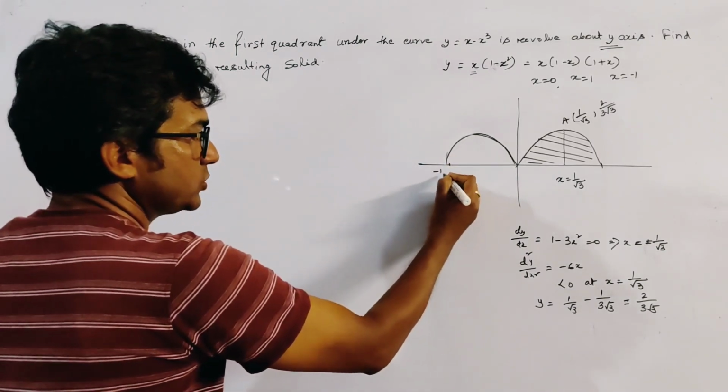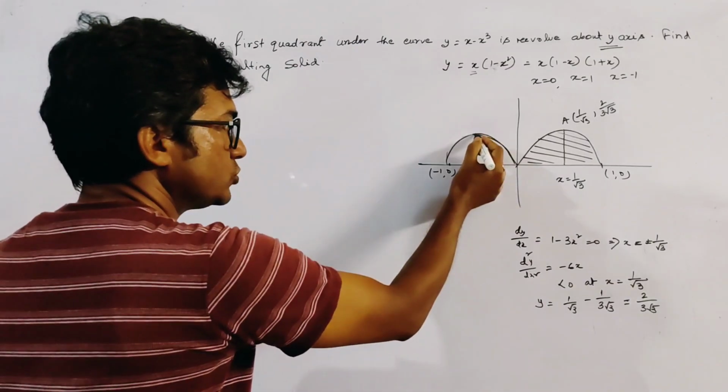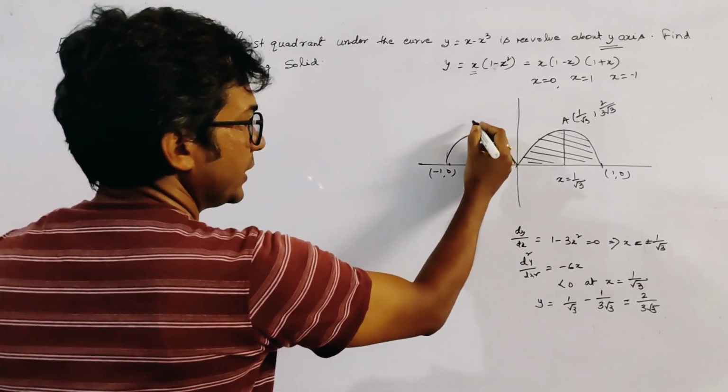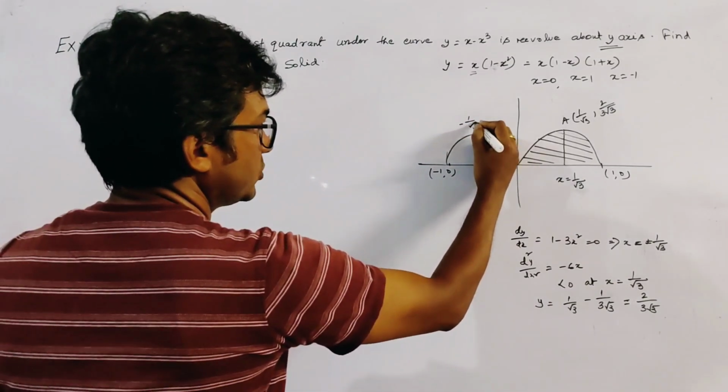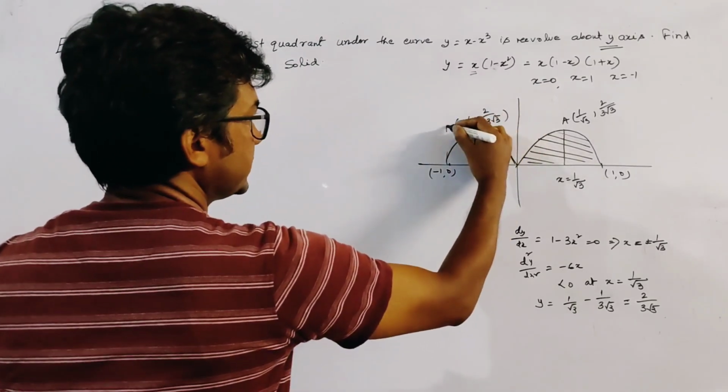This is minus 1, 0, this is 1, 0, and this is minus 1 by root 3 comma 2 by 3 root 3.